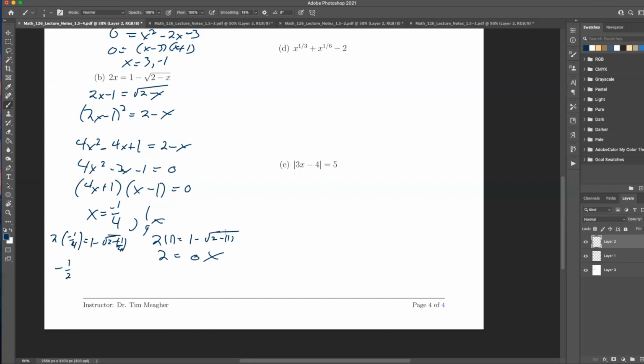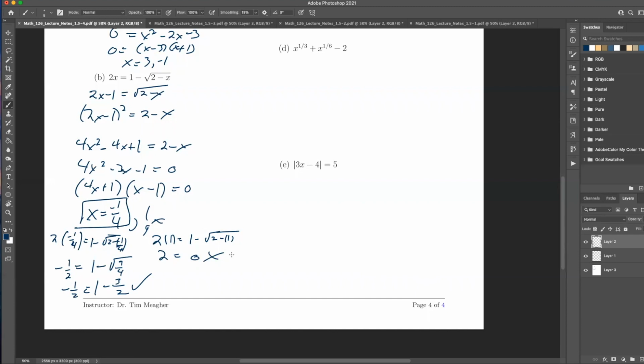That's equal to 1 minus the square root of 9 fourths. If I have 2 and I add a fourth to it, I get 9 fourths. So negative a half equals 1 minus 3 halves, if you pull it out, and that is true. And so here is the only answer. This one right here is a bad solution.